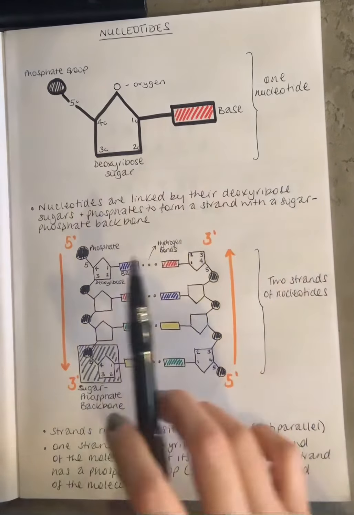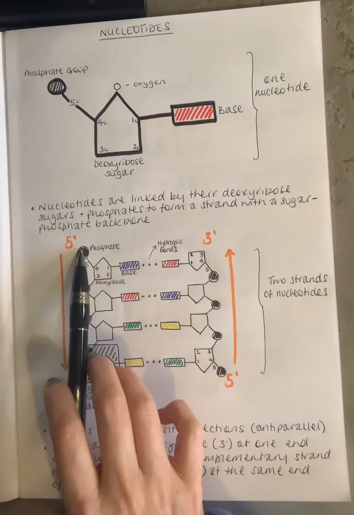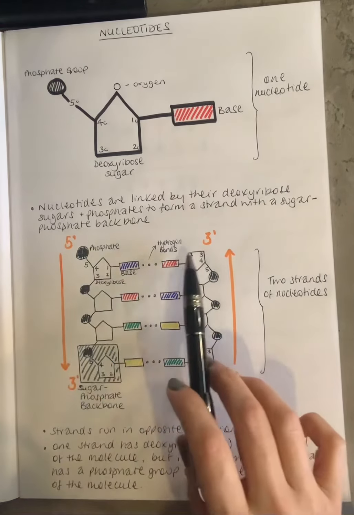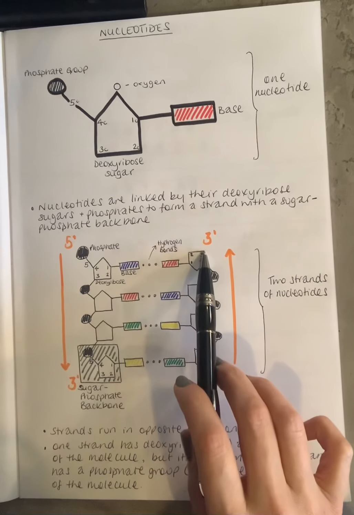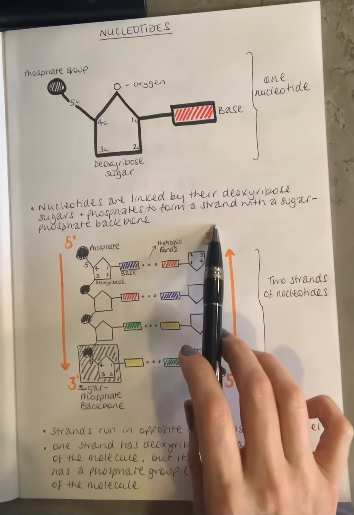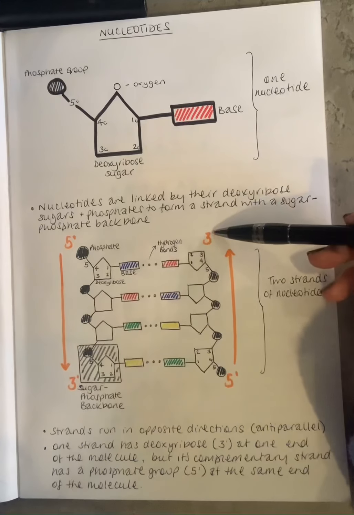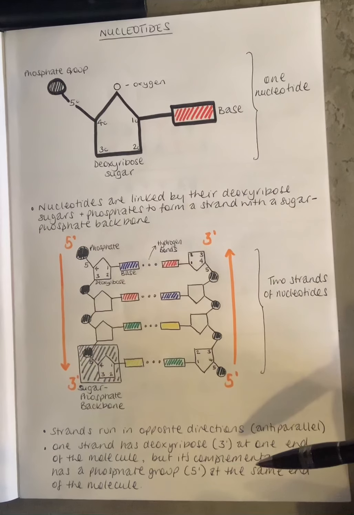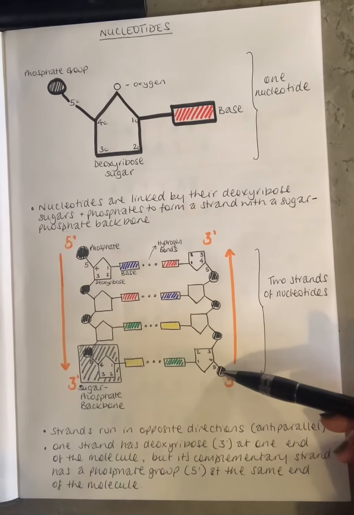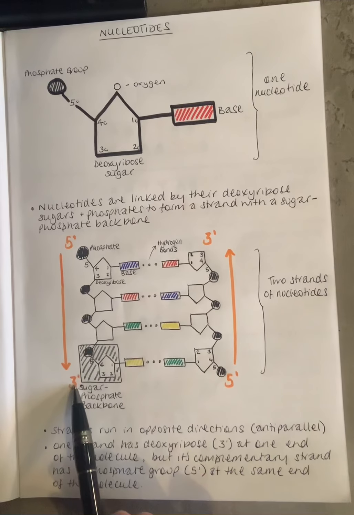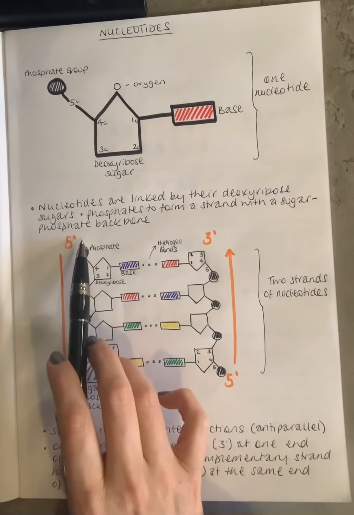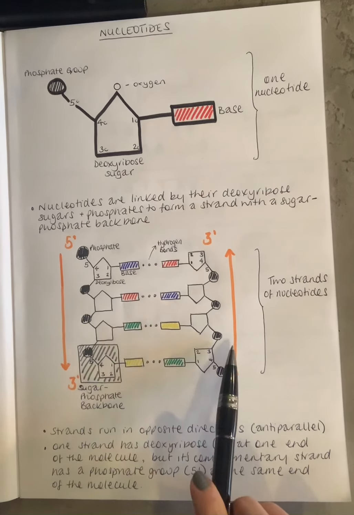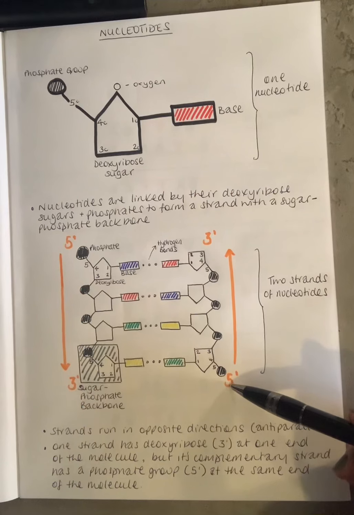So in this strand there is a phosphate group at the beginning, so we have our 5th carbon, whereas in the opposite strand our 3 carbon, our 3 end, is at the beginning of the strand, and the very end is the 5th carbon with the phosphate group, which is the opposite to the other strand. So this strand is 5 carbon running to the 3rd carbon, and in this strand we have 3 at the top and 5 at the bottom.